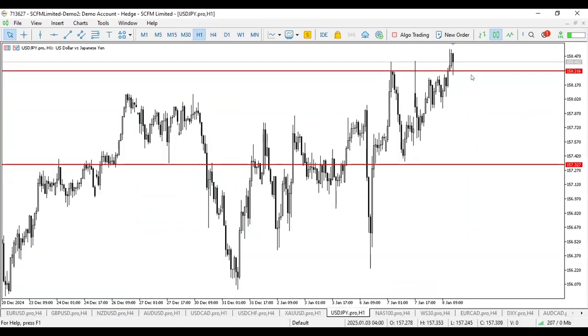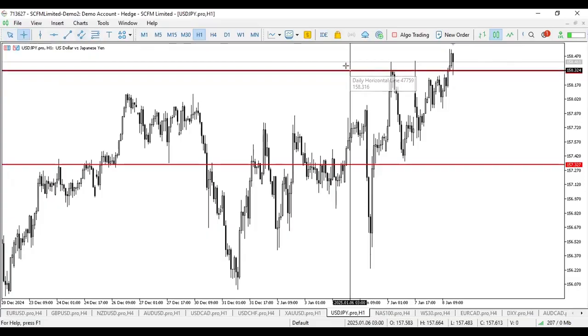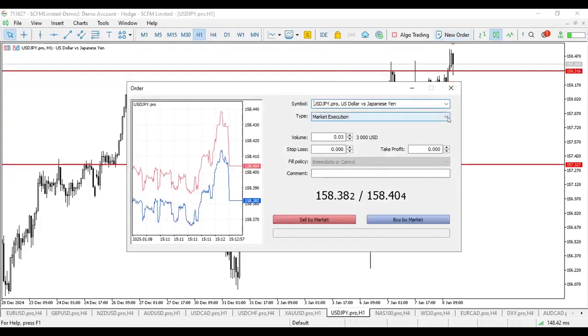So if I anticipate that price is going to get to this area here, 158.316, and it keeps going higher, what I'll do is come to new order and change it to a pending order.